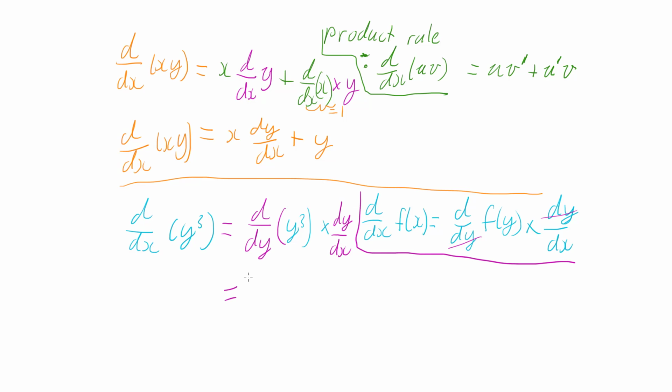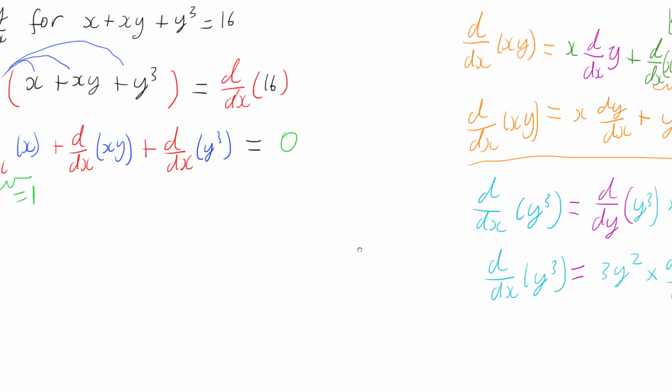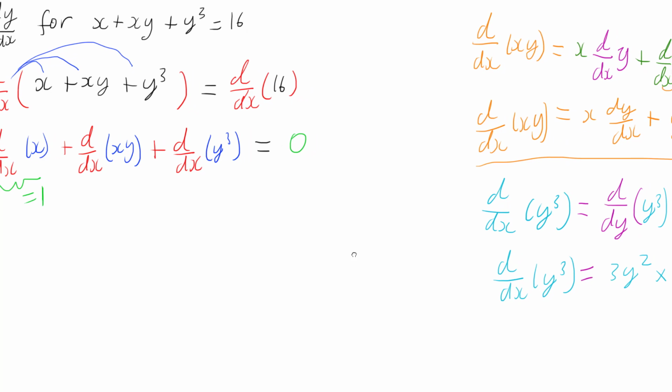If I look at this, d/dy of y cubed, well, the derivative of y cubed with respect to y is going to be 3y squared, because we multiply the power down and subtract 1 off the power, and then it's multiplied by dy/dx. So d/dx of y cubed is going to be 3y squared times dy/dx. Now I can put these into my derivative.